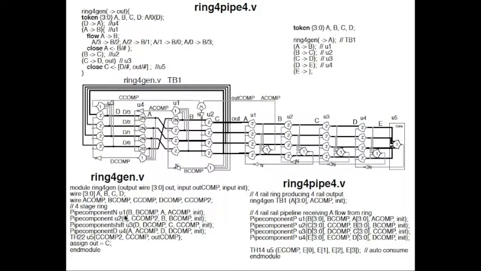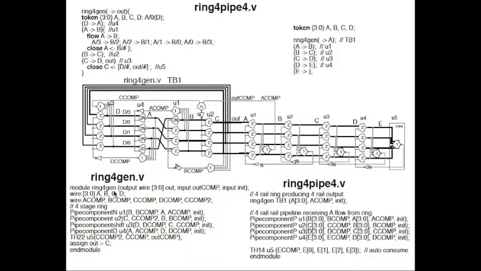And down here we have out comp comes in, out goes out, and out comp comes in. So here we combine out comp and C comp with a 2 of 2 and CC2 comp, which is going to enable C. Right, so this is the 2 of 2 combining the two closures into the single enable of the C flow.